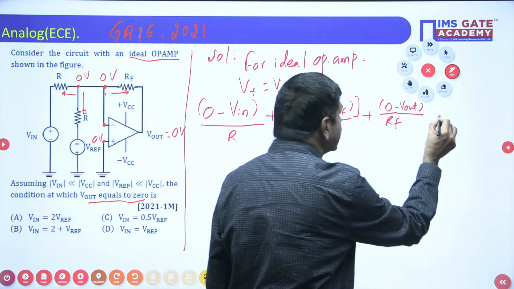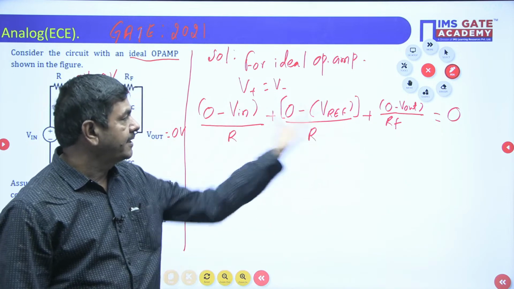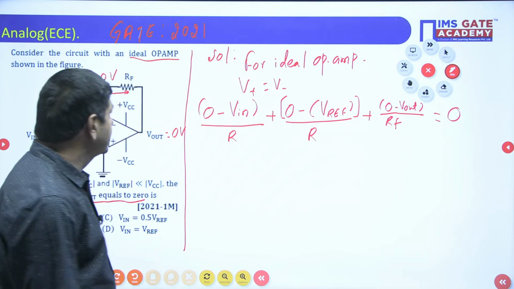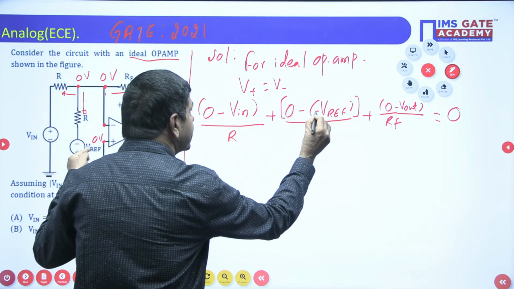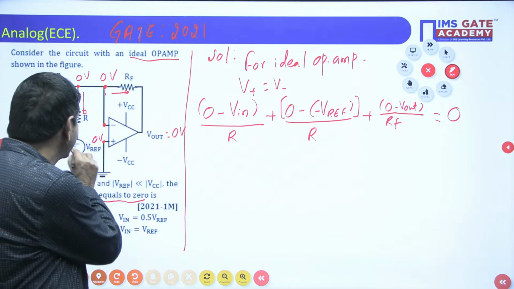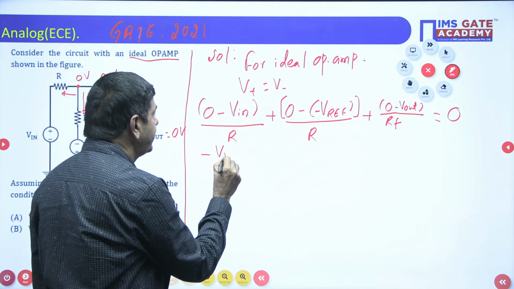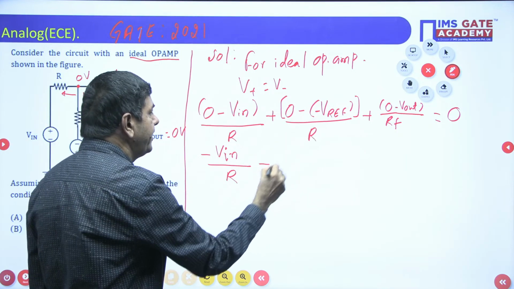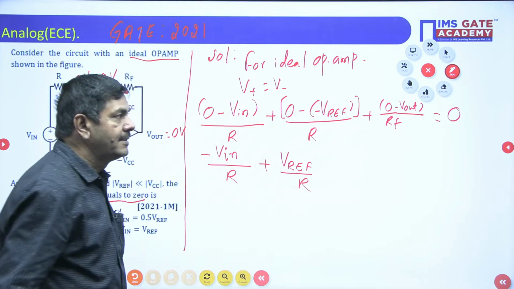The addition of all these currents equals 0. As per nodal analysis, I have written this equation. Finally, what am I getting here? 0 minus, minus of minus, minus V reference. So we get 0 minus V in, divided by R, plus V reference by R, plus V out which is 0.